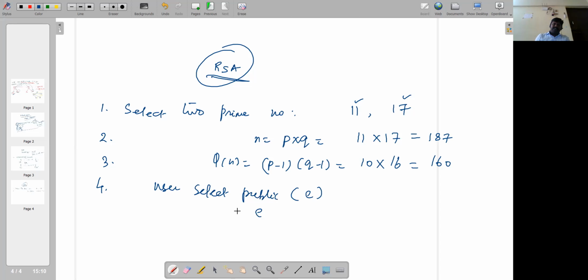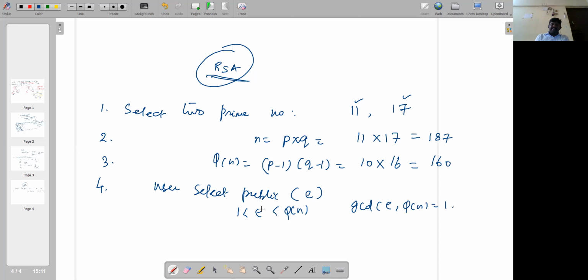E should be greater than 1 and less than phi of n, and the GCD between E and phi of n should be 1.